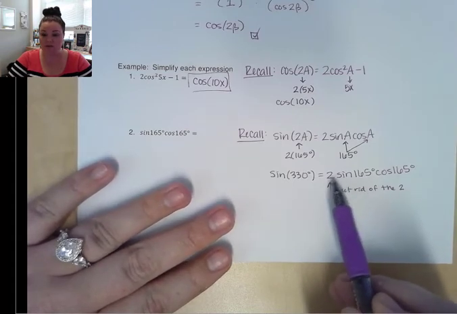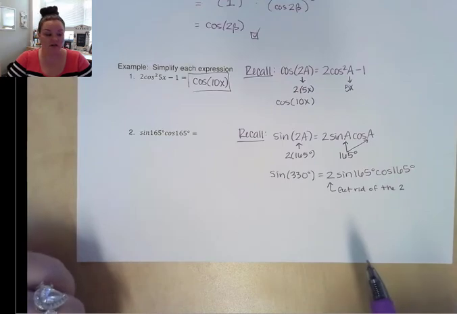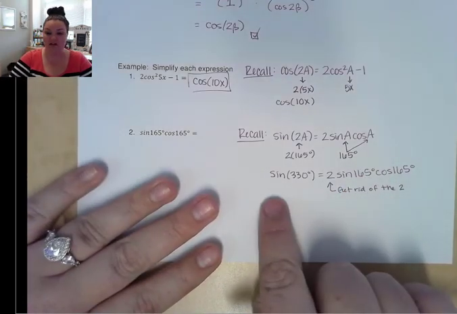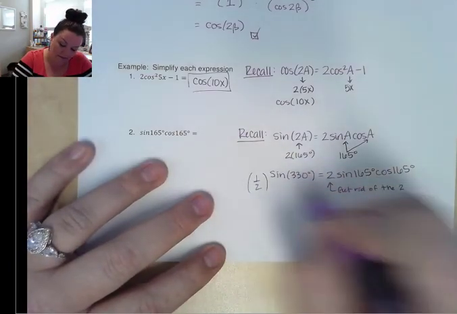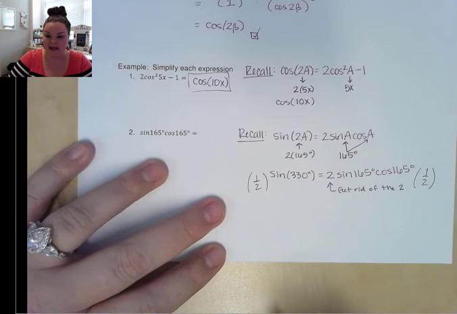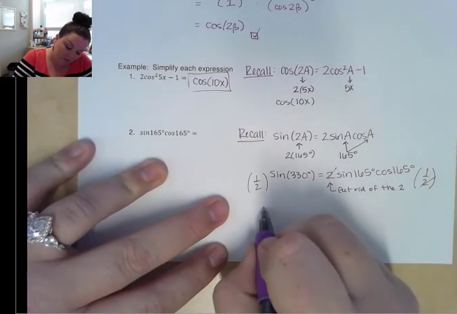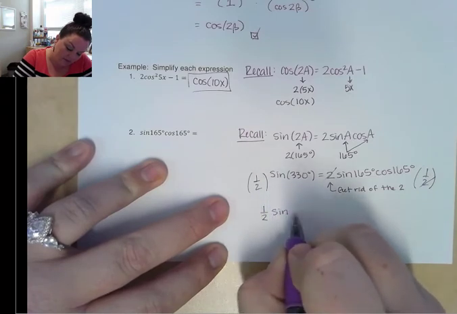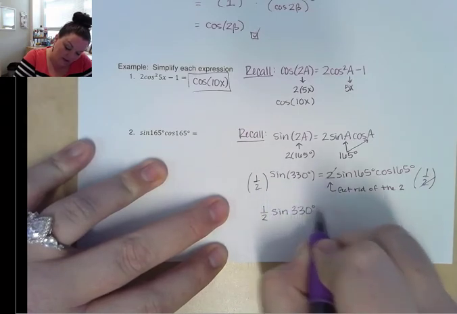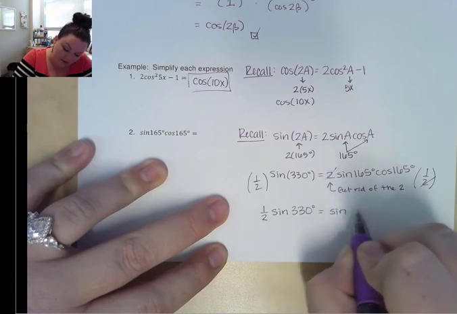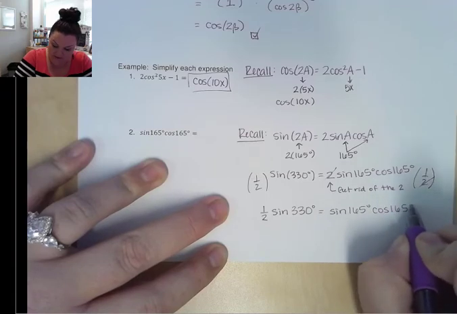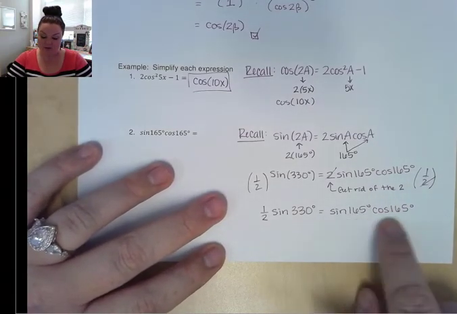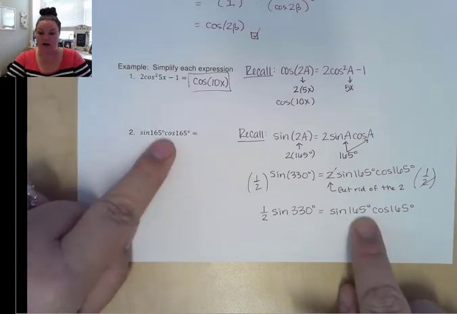So to undo that multiplication, I can just divide it off. So I'm just going to divide 2 off of each side, or you can think of that as multiplying both sides by a half, right? Multiply this side by a half, multiply this side by a half. That way my 2's cancel, right? So I end up with 1/2 times the sine of 330 degrees is equal to sine of 165 cosine of 165. Okay, so now my right-hand side looks exactly like what I was given.